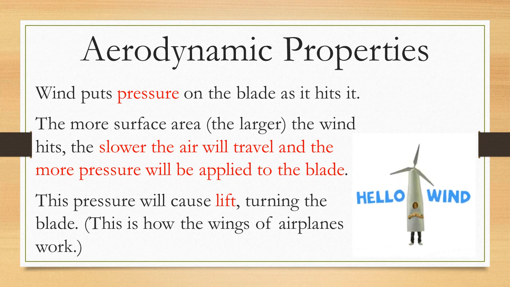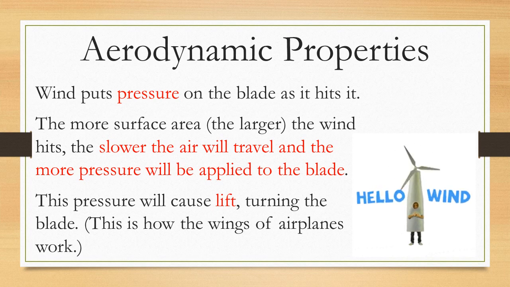So, wind, kinetic energy, motion energy, moving energy. This wind puts pressure on the blade as it hits it. The more surface area, aka the larger or the bigger an area the wind hits, the slower the air will travel and the more pressure will be applied to the blade. Okay?